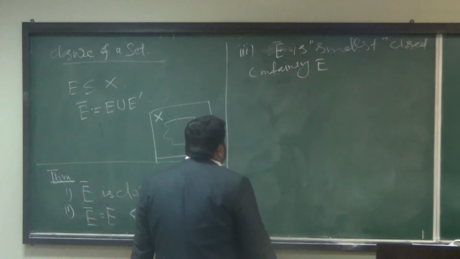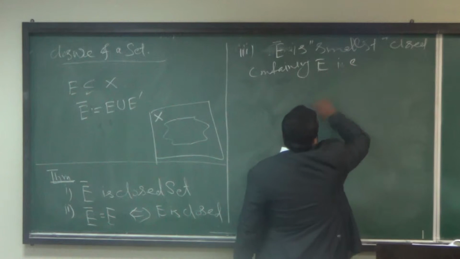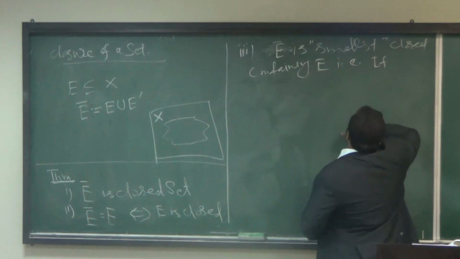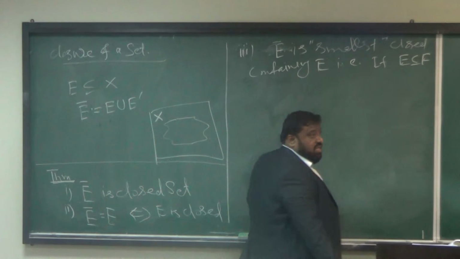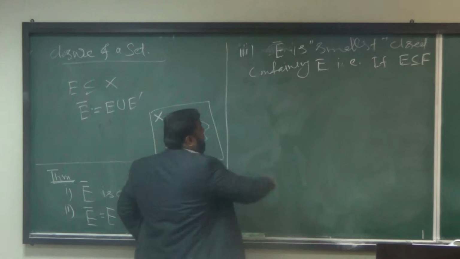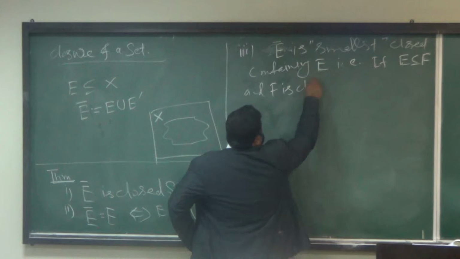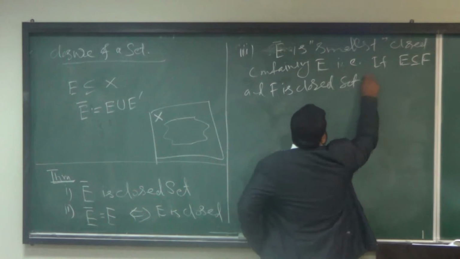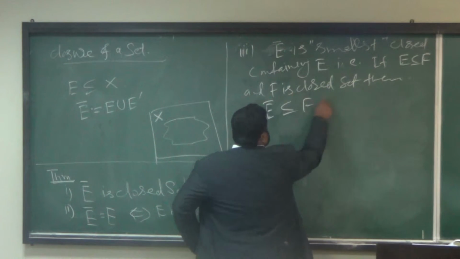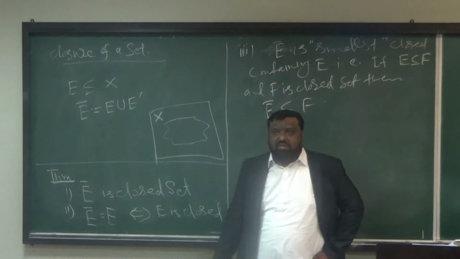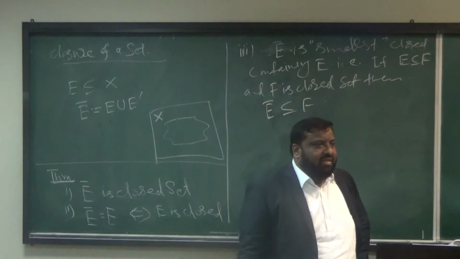So, in other words, you can say that if E is contained in F, so if E is a subset of F, and F is a closed set, then the closure of E must be contained in F. I mean, if you see, it's really analogous to the least upper bound.